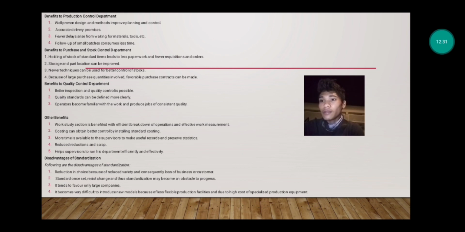More time available to the supervisor to make useful records and preserve statistics. Reductions in scrap. Help supervisors to run the department efficiently and effectively.